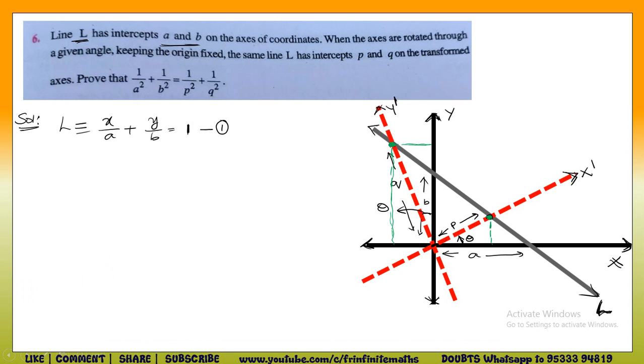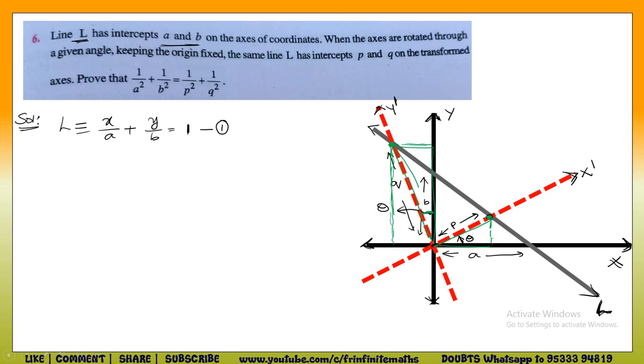Then if you observe carefully, this is my right angle triangle, and this is one more right angle triangle.